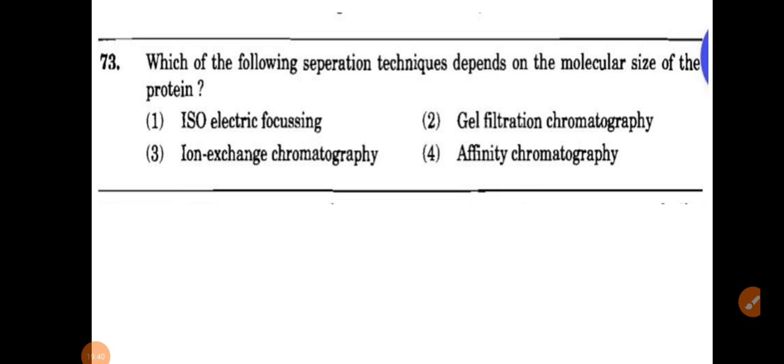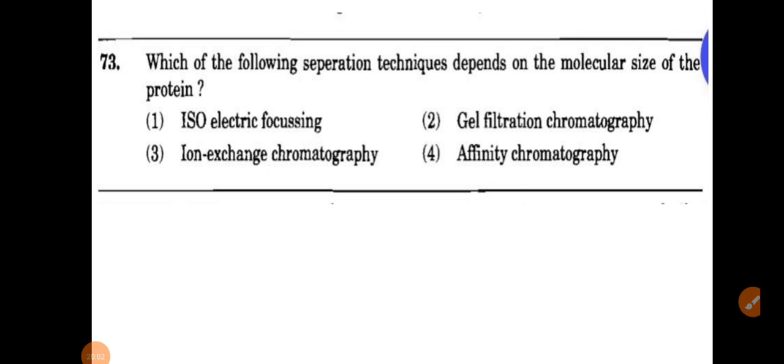And the last question from today's series: which of the following separation techniques depends on the molecular size of the protein? This is a chromatography technique, and it is based on the molecular size of the protein. What is the name of that chromatography? That is size exclusion chromatography.